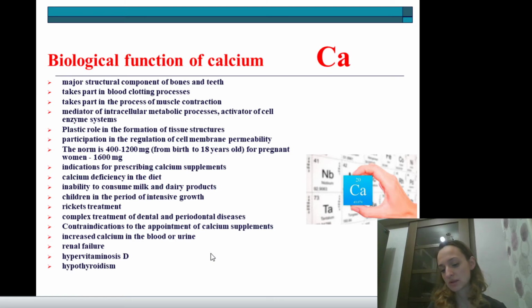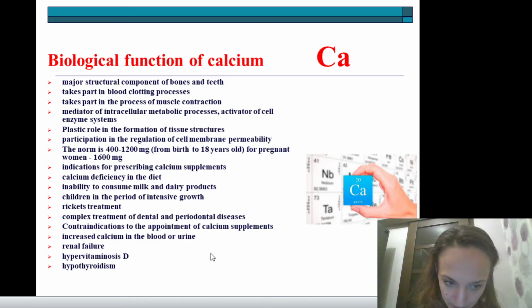But in pediatric dentistry, we should do a joint consultation with a pediatrician, and there are contraindications to the appointment of calcium supplements.